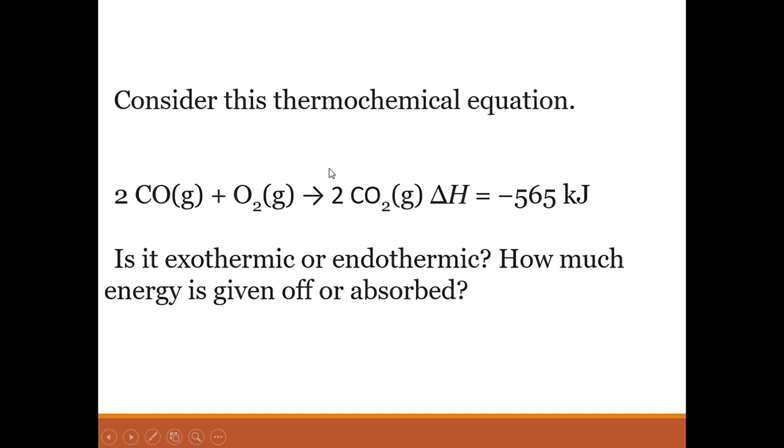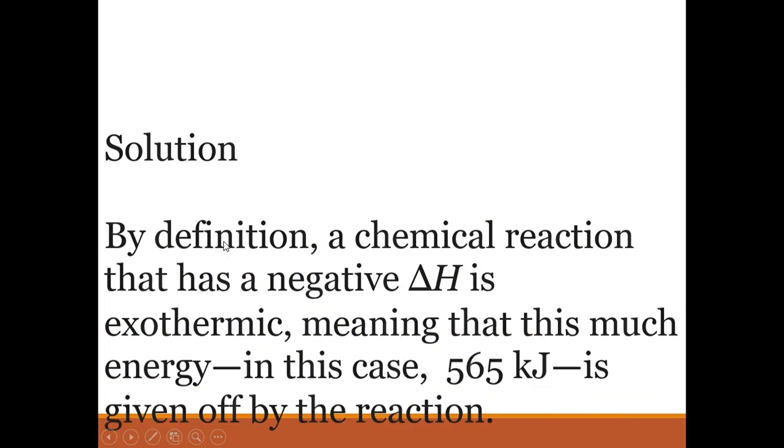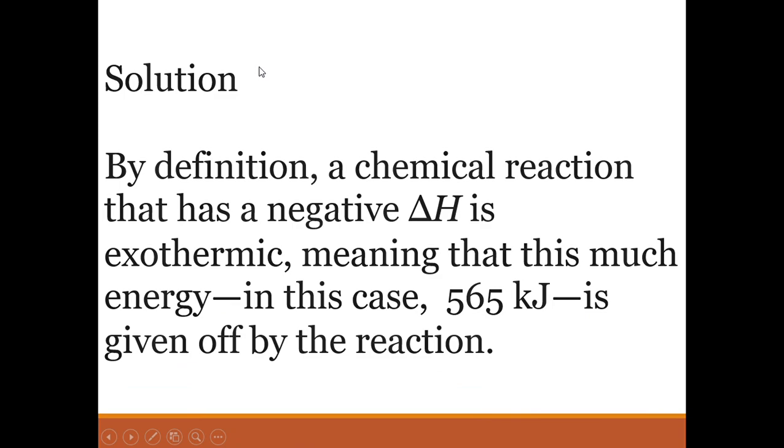By definition, a chemical reaction that has a negative delta H is exothermic, meaning that this much energy, in this case 565 kilojoules, is given off by the reaction.